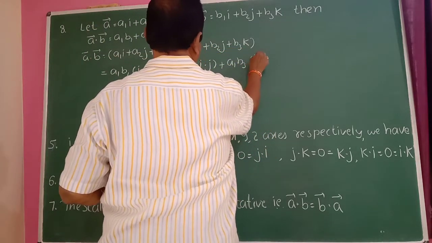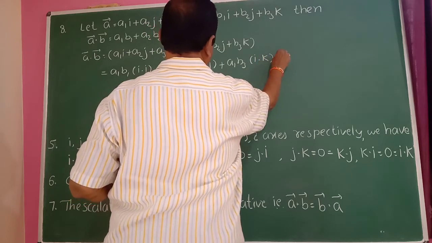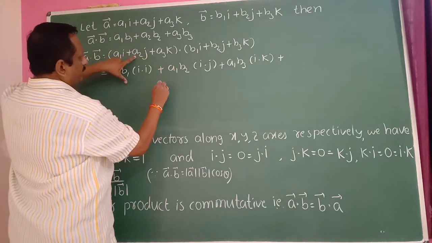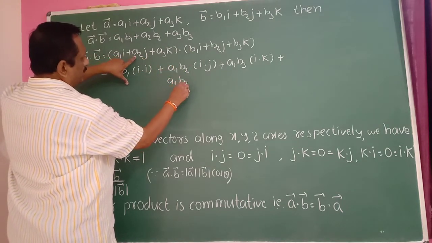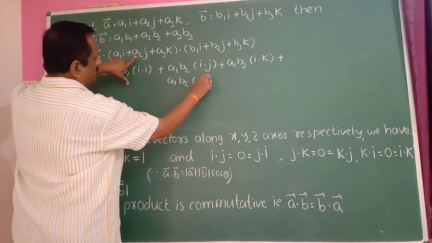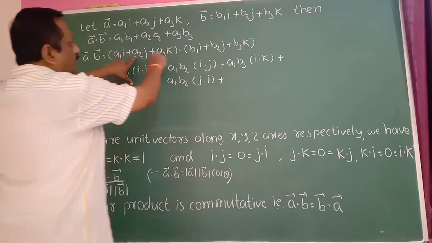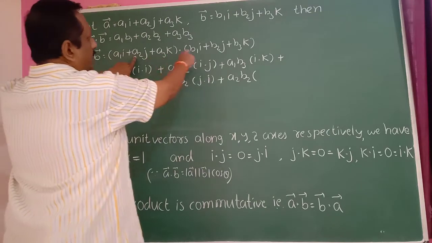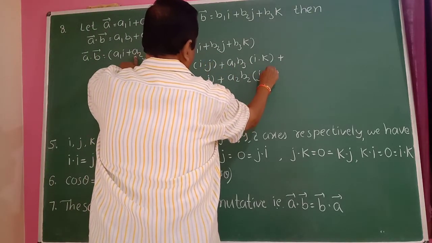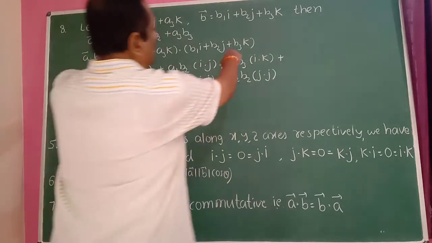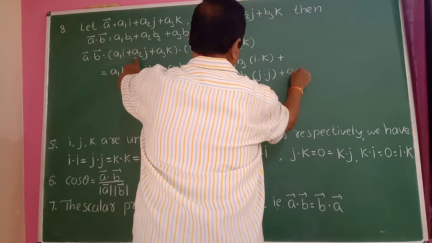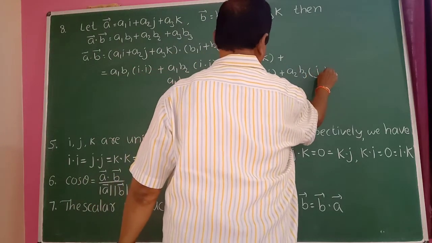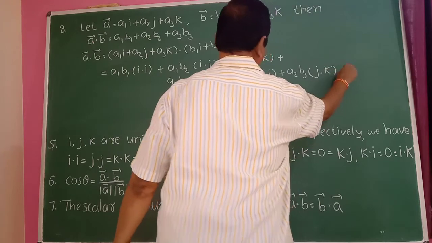So right here, a1 b1 into i dot i, then plus a2 b1 into j dot i, a1 b2 into i dot j plus a2 b2 into j dot j, plus a2 b3 into j dot k, so a2 b3 into j dot k, so right here plus sign.